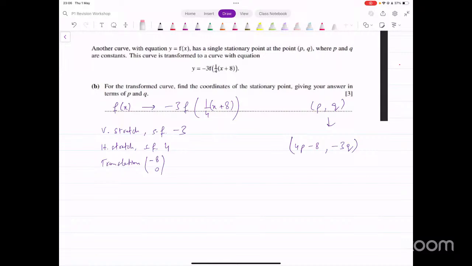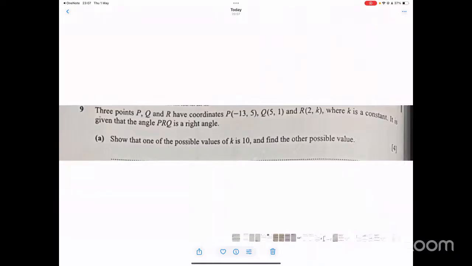Okay, question number 9 from this. So this is question 9 from the most recent paper that we had, 313, and the second part of this.